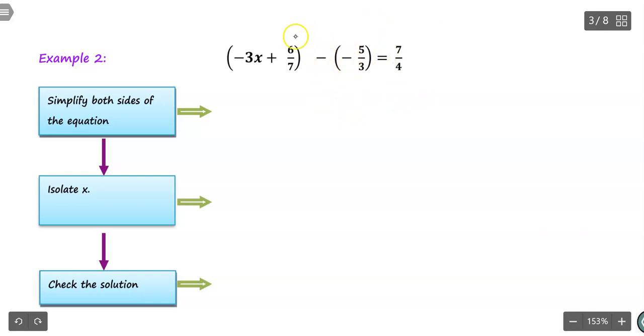Then you can simplify this side of the equation by combining these two fractions, and then bring it to the other side. So we can start with negative 3x plus 6 over 7, and add that with 5 over 3, equal to 7 over 4.